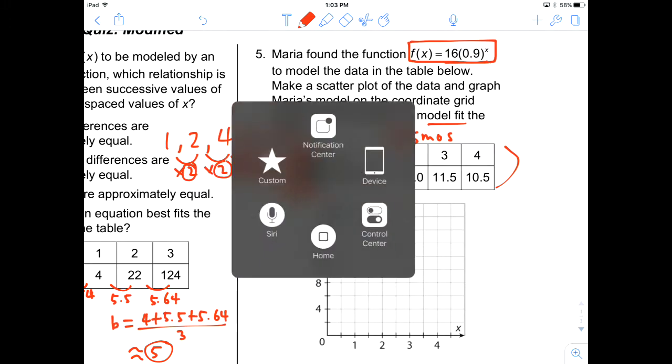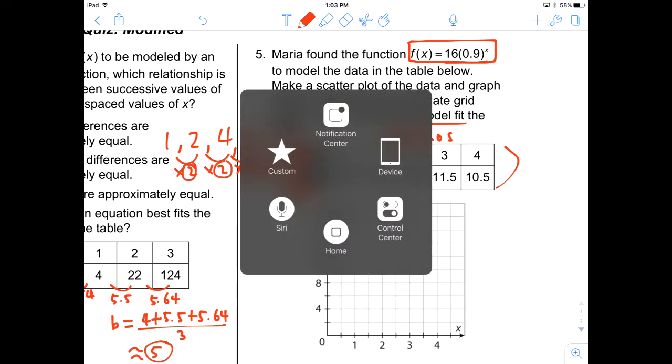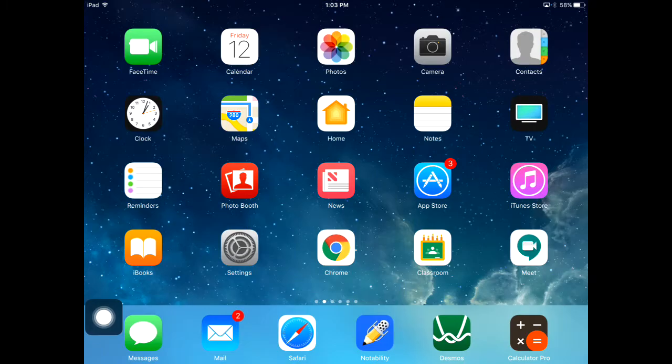I've already done that previously, so make sure you pause the video for a second and do that. Here is my model for the table, with the points showing the scatter plot, the 5 points. And you can see that Maria's equation is right there in the second line. That black line is the actual graph for Maria's model.